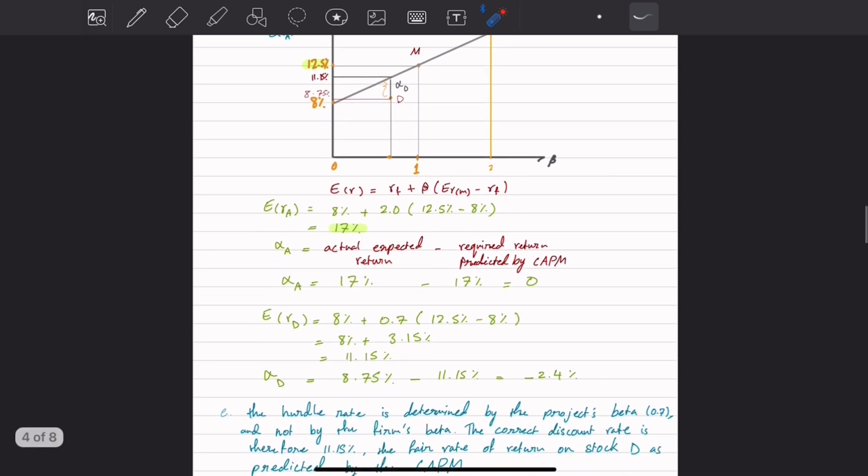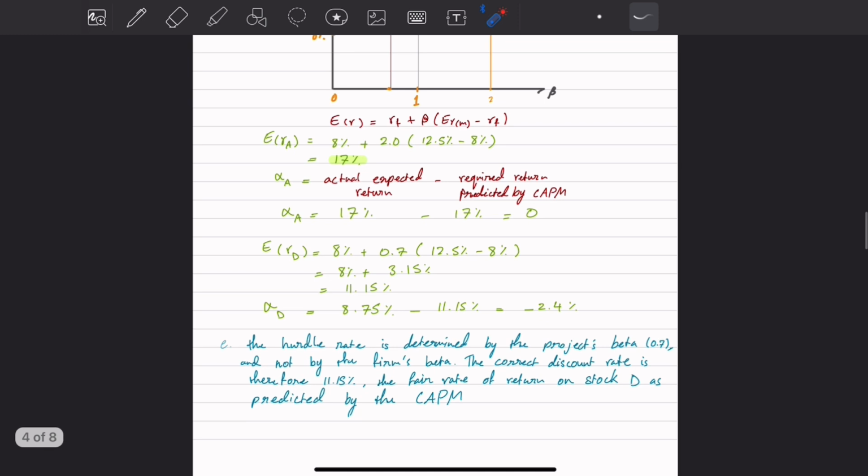And finally, the last thing the question wants us to evaluate, saying that if the company has an aggressive management or aggressive strategy and they decide to enter a project that has similar risk characteristics as the defensive stock, what would be the hurdle rate?